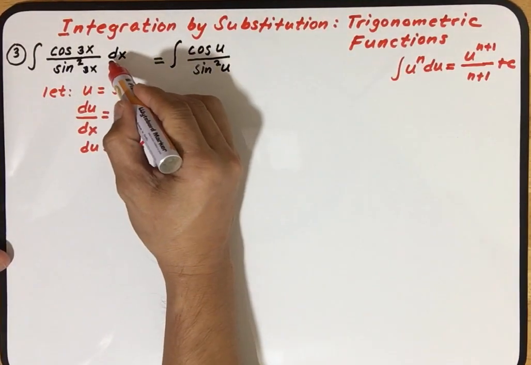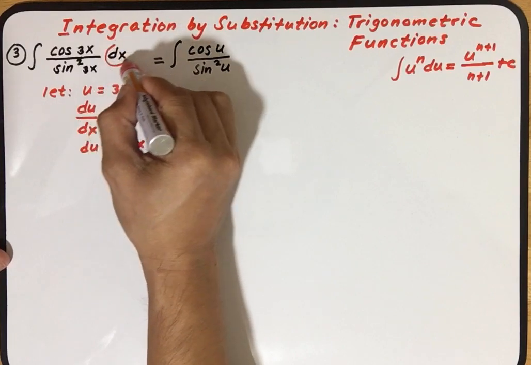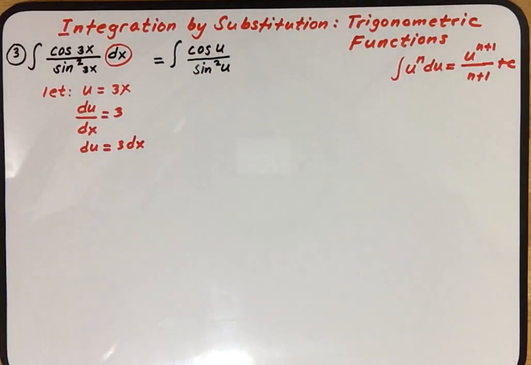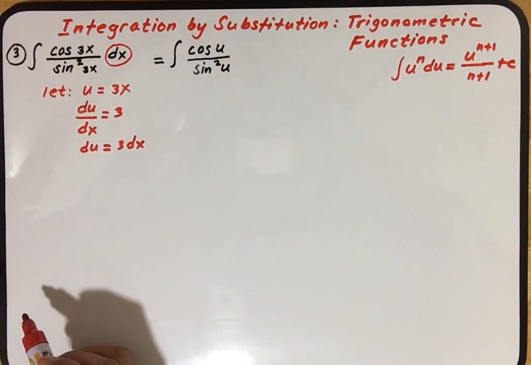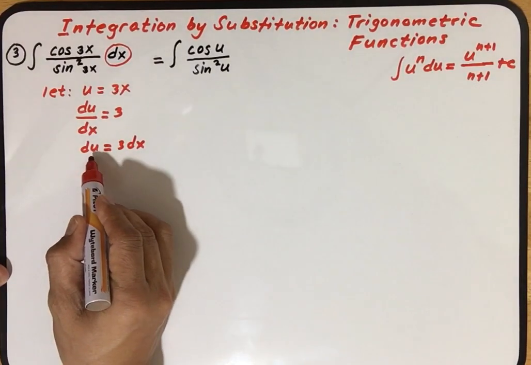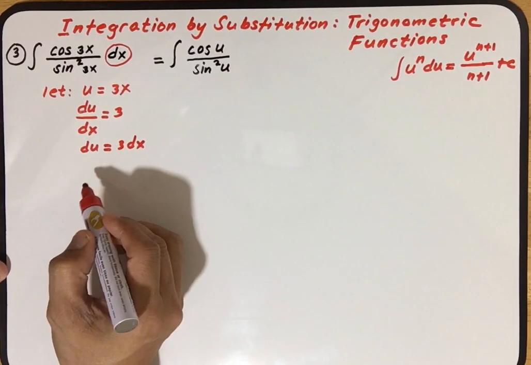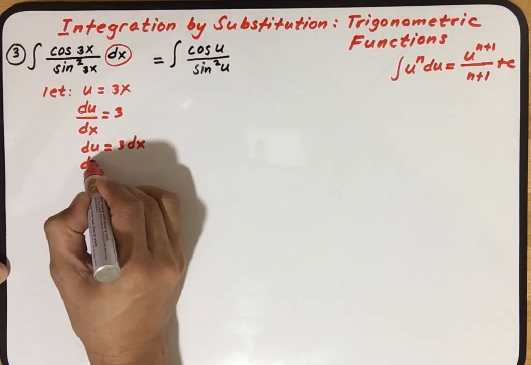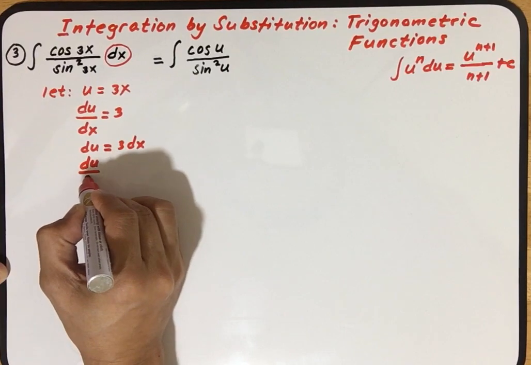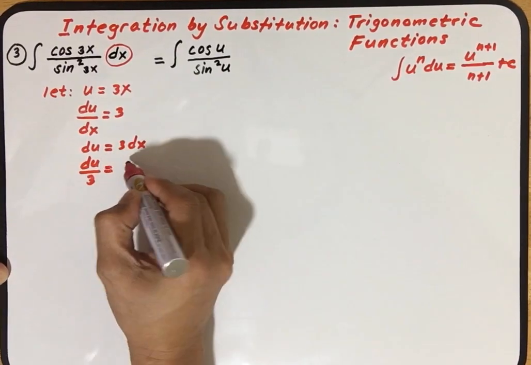And then we are going to replace dx with an expression that contains u. So from here we have du equal to 3 dx. Solving for dx, we can divide both sides by 3, so that we have du divided by 3 equals dx.